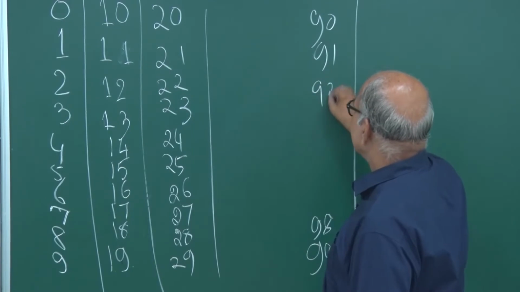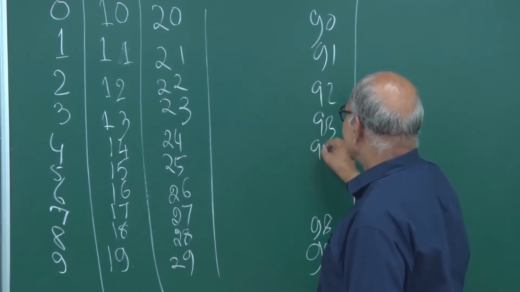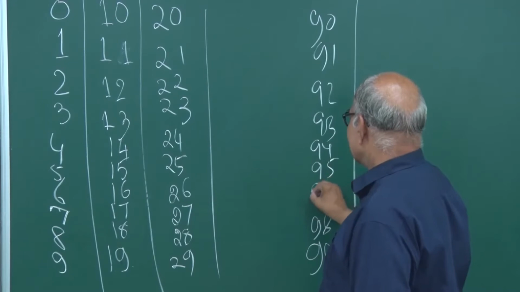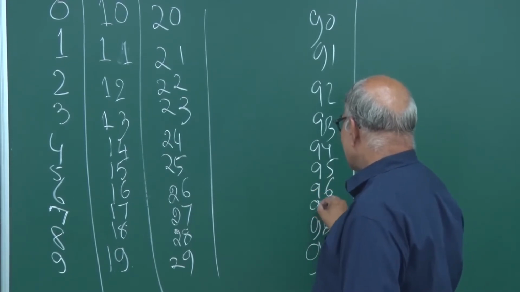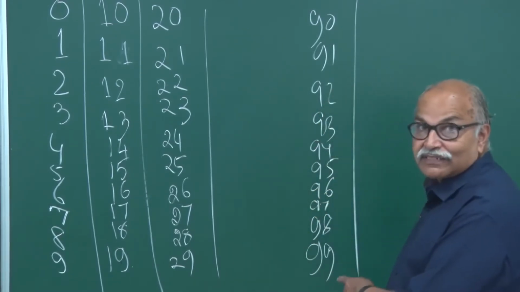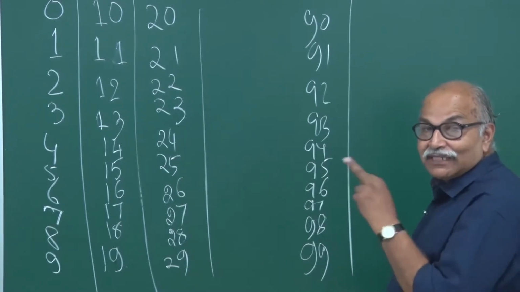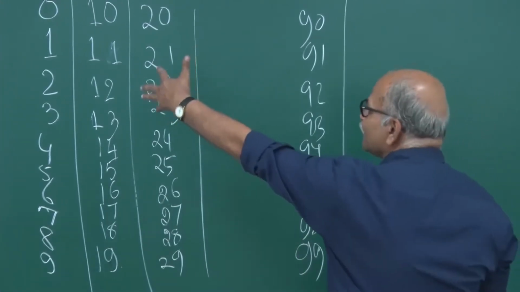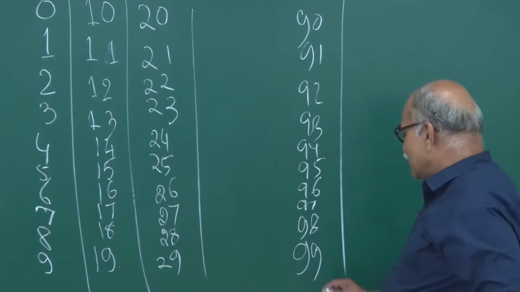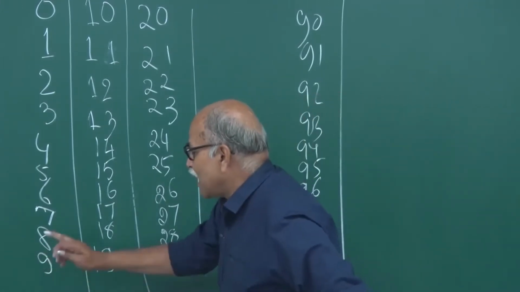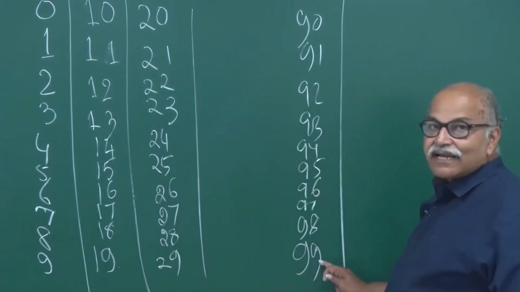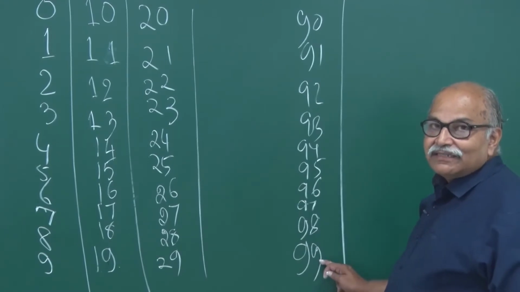Okay, 91, 92, 93, 94, 95, 96 and 97, and now you have exhausted all your digits. So with 2 digits you can only make these numbers, and if you have gotten that maximum, 9 and 9, now you need 3 digits.